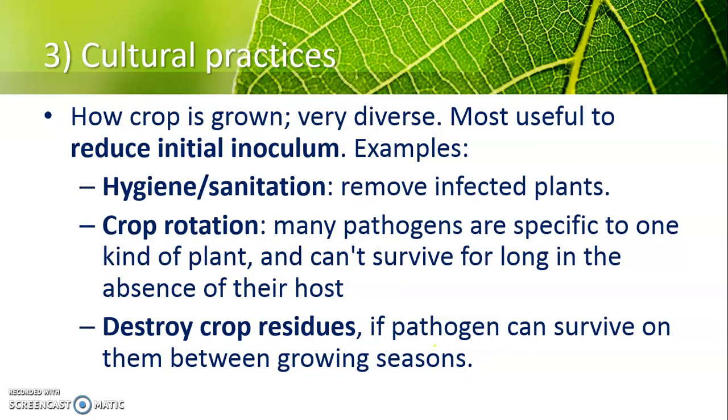The third one is cultural practices. Cultural practices are our lifestyle. So hygiene, sanitation, we have to make sure that hygiene is always taken care of. And then crop rotation. For example, if you have a plantation of oil palm, after one harvest they do not straight away plant another oil palm.